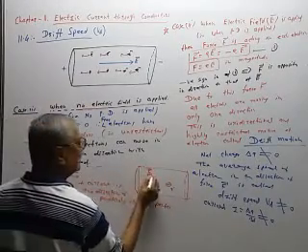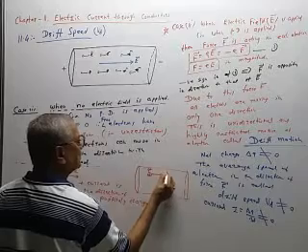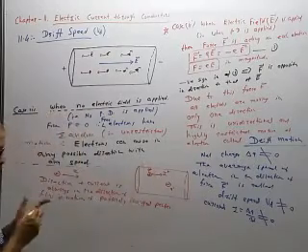So this current will be denoted by I plus because it is due to the positive charges.